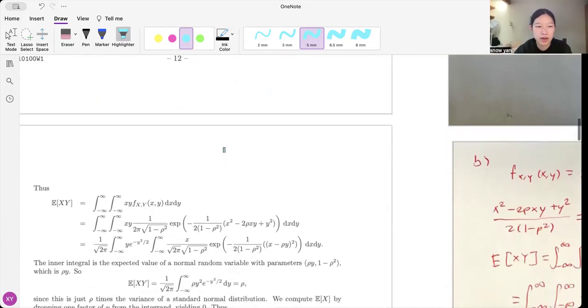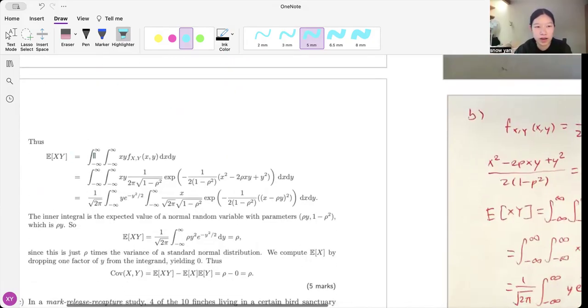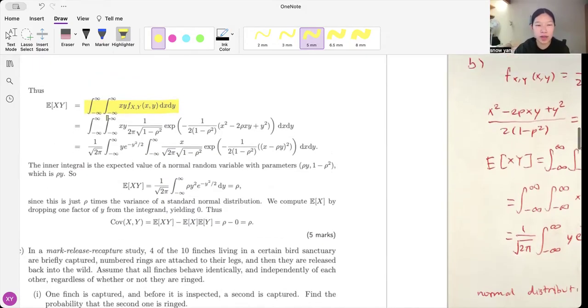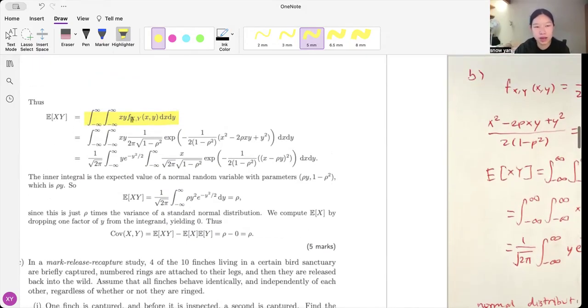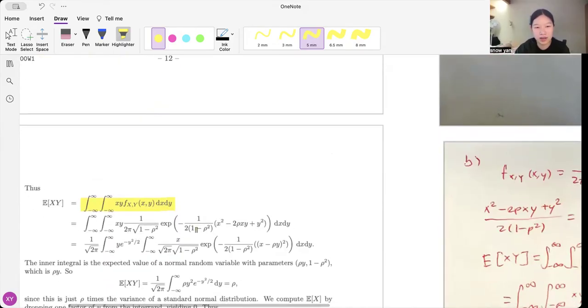Next, after determining this part, we have E of XY equal to this thing over here. That's a pretty standard definition. Next, we just substitute the f of xy, this long expression, back into here.